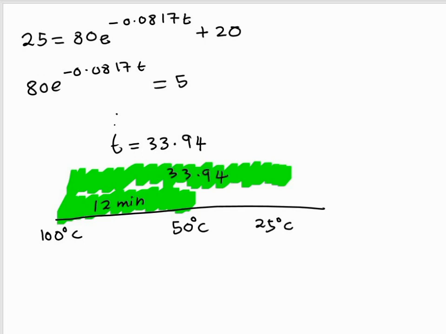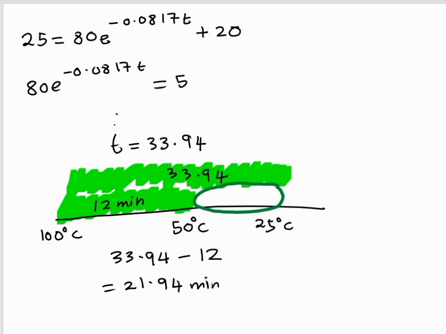So what we want is the time taken to cool from 50 degrees Celsius to 25 degrees Celsius, so we have to subtract. We take 33.94 minus 12. So the answer will be 21.94 minutes. So 21.94 minutes is the time needed for the object to cool from 50 degrees Celsius to 25 degrees Celsius.